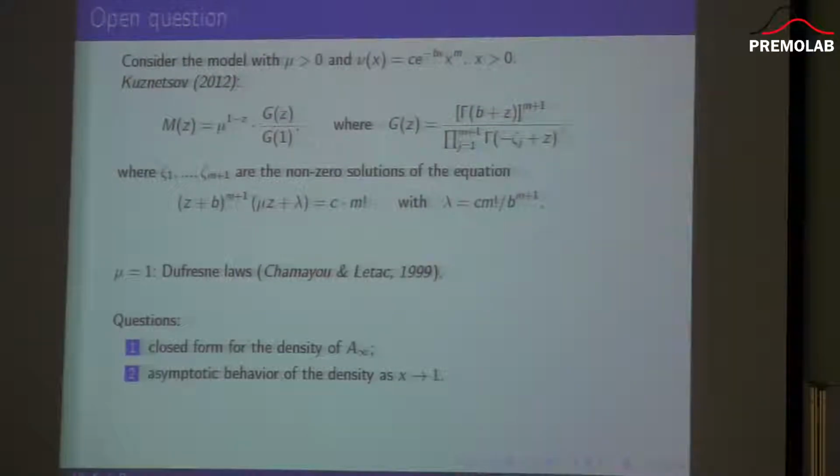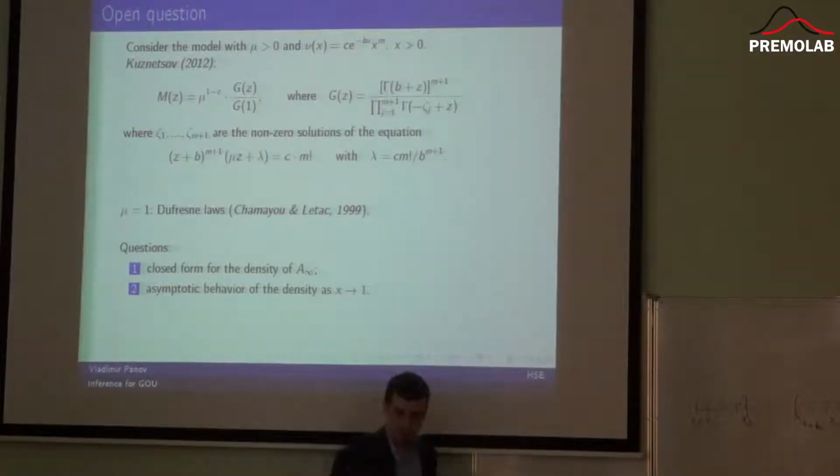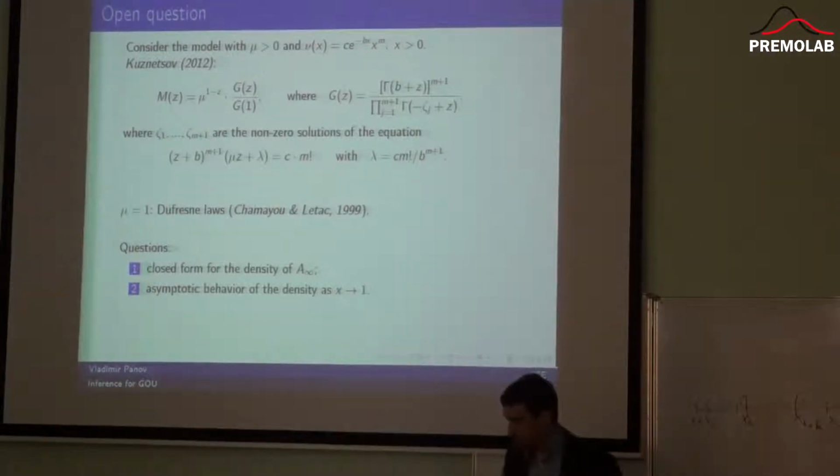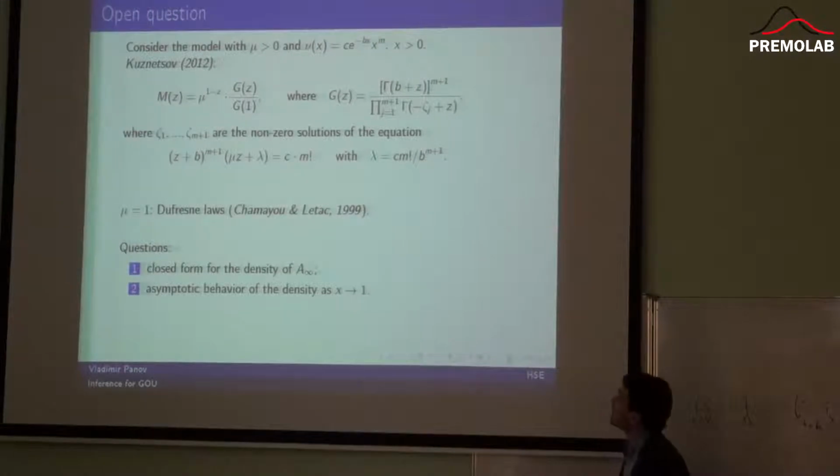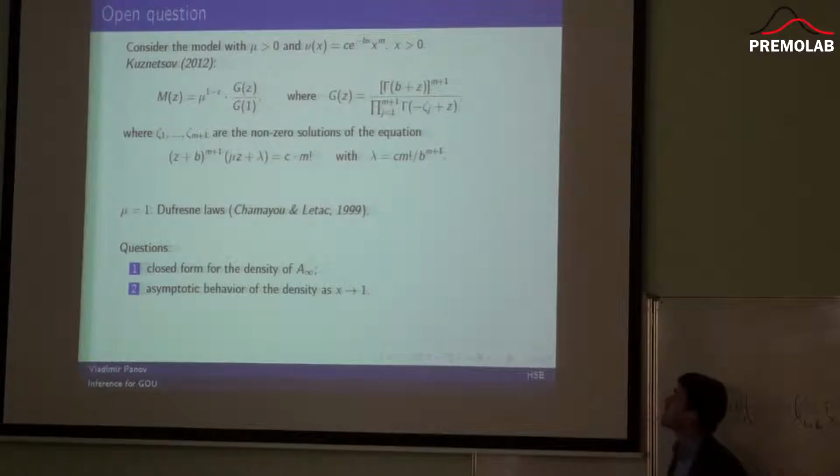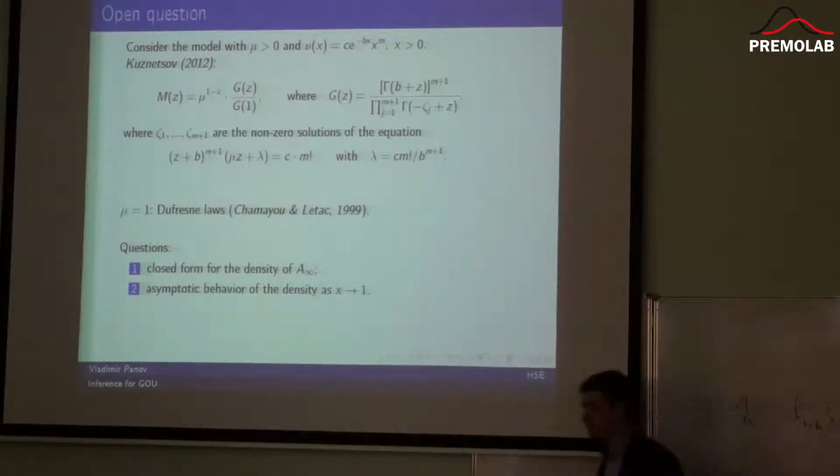Okay. Finally, I would like to ask one open question. Let us consider our model with the following parameters. We take the Levy measure as exponent to the power minus bx, product with x to the power m.